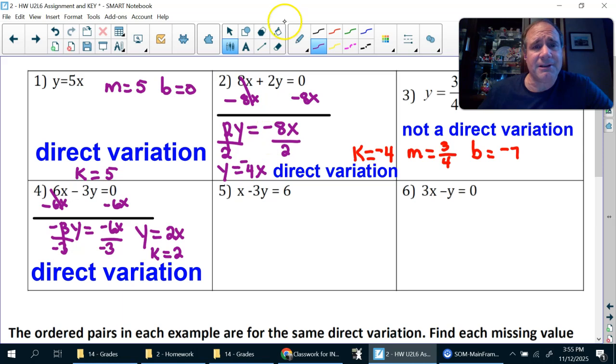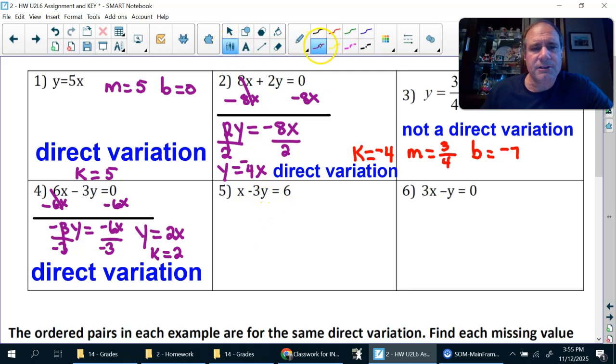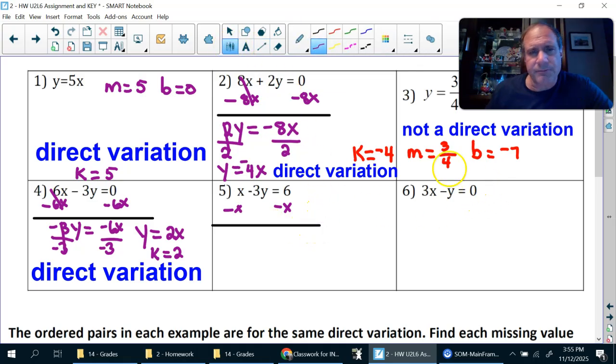For this one, I'm going to say not a direct variation. And I'm saying that because it has numbers here. There's no 0 for the y-intercept. So we're just going to minus x on both sides. And remember, I'm saying this is not a direct variation because there are no zeros like this one.